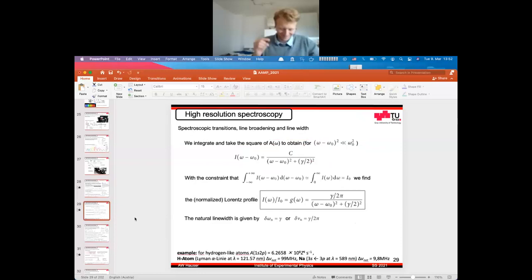And now I'm taking for x of t my solution as we obtained it from the damped harmonic oscillator and putting it in here. And then the expression that remains can be integrated out. And with this, I obtain the amplitude as a function of omega.